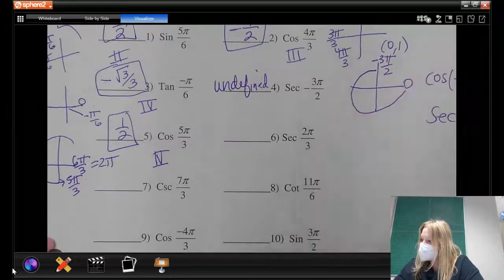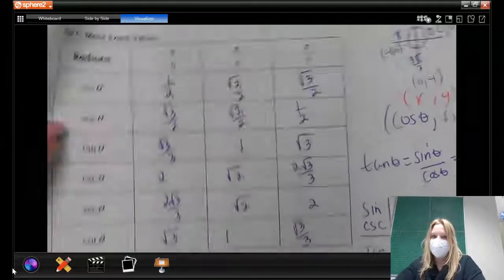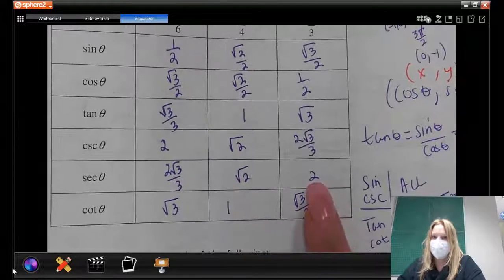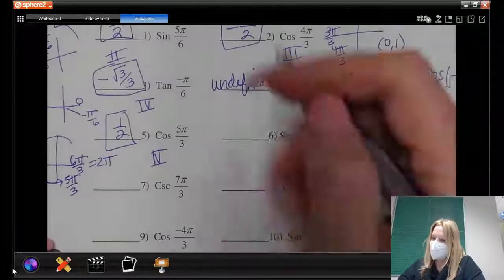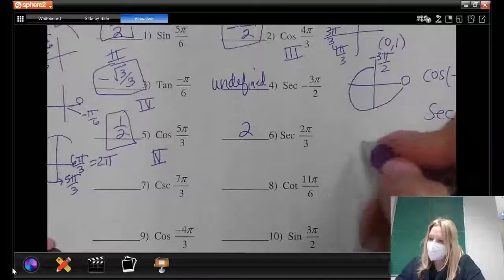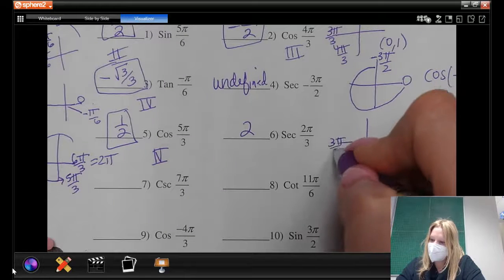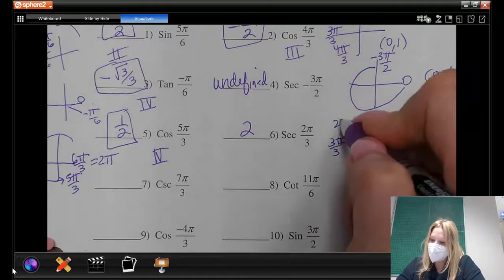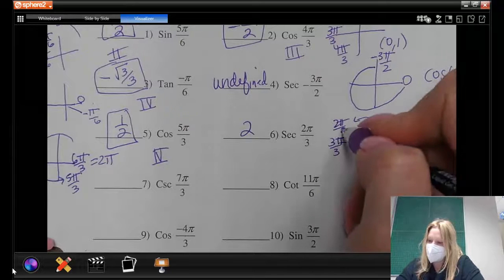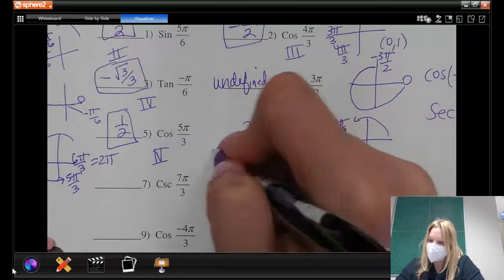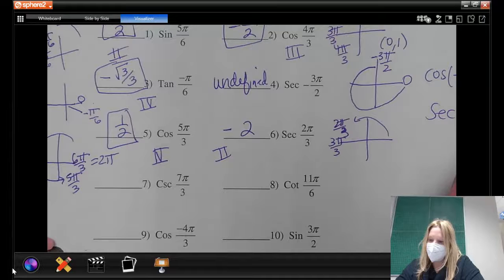Sec of pi over 3, so you're going to look at your chart. Sec of pi over 3 is 2. 3 pi over 3 is here, which means 2 pi over 3 is here. In quadrant 2, sec is negative.